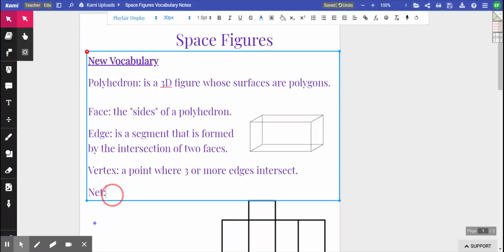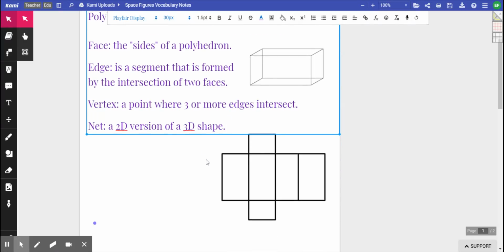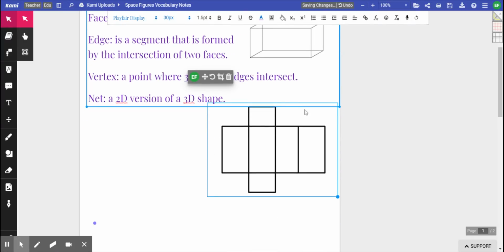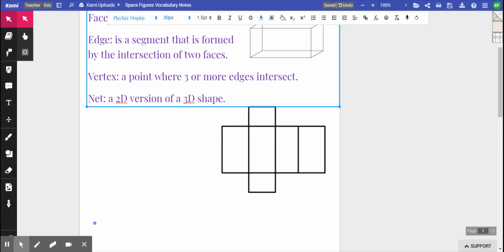And then a net is a 2-dimensional version of a 3D shape. That's a loose definition, but what you're looking at down here is a net of the same rectangular prism that's up here.